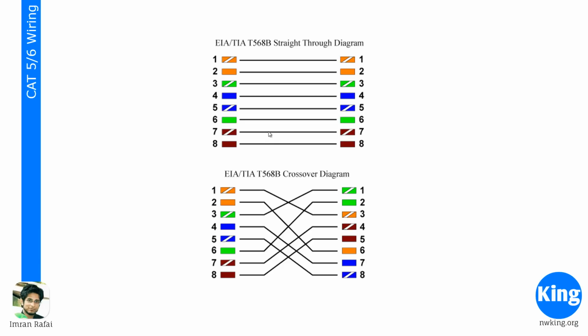On one end we have the same combination: orange stripe, orange, green stripe, blue, blue stripe, green, brown stripe, brown. The other end we swap. So the other end we start with green stripe, green, orange stripe, brown, orange, blue and blue stripe. Basically, if you have to understand this, just think about your phone. In your phone, you talk on the microphone, right?